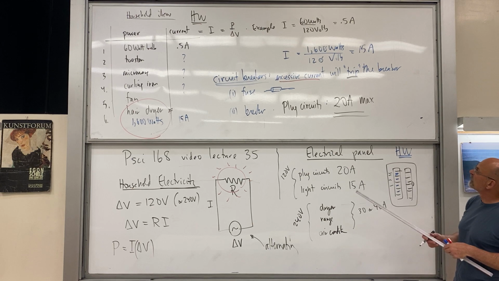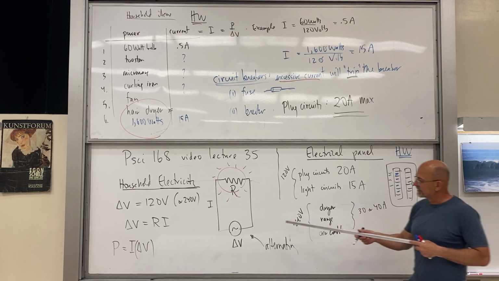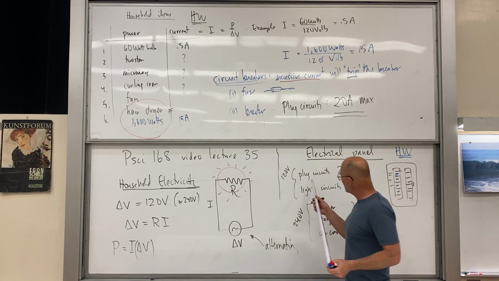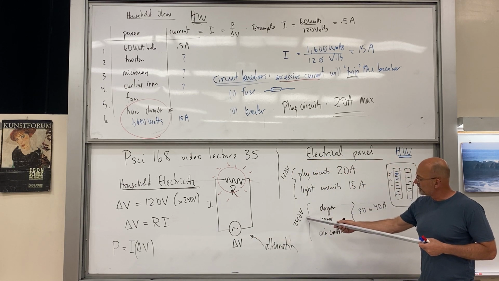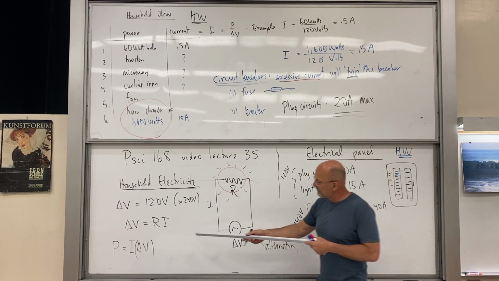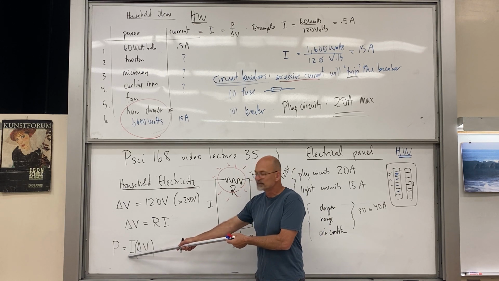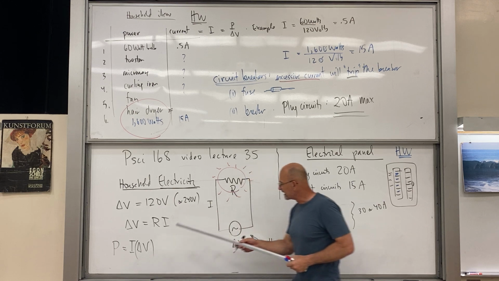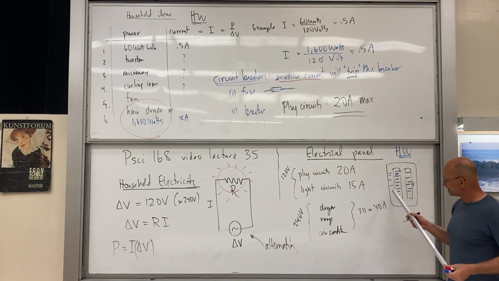As we still have that formula here, the power is the current times the voltage, so your 240 volt circuits will have your 240 here and then the maximum current there, and that'll tell you the maximum wattage that these appliances can use.